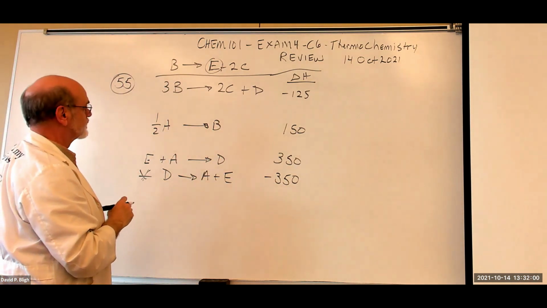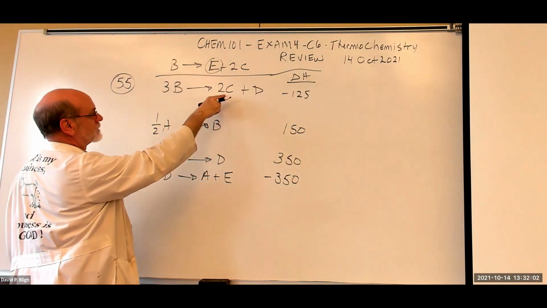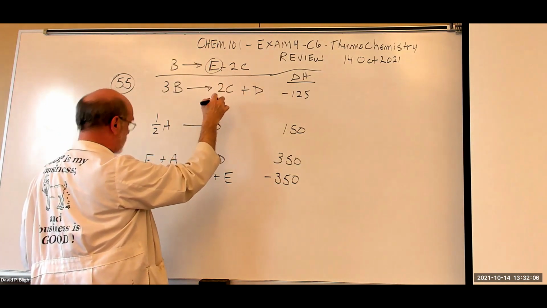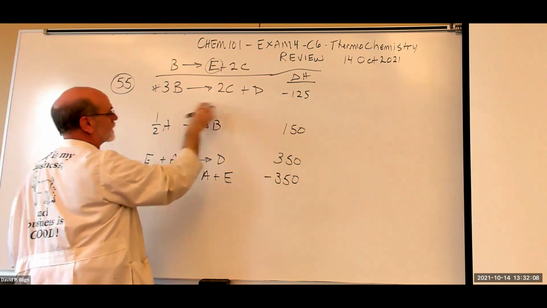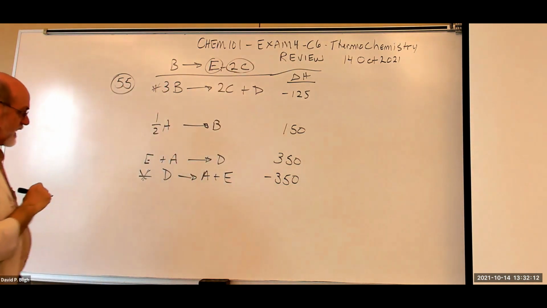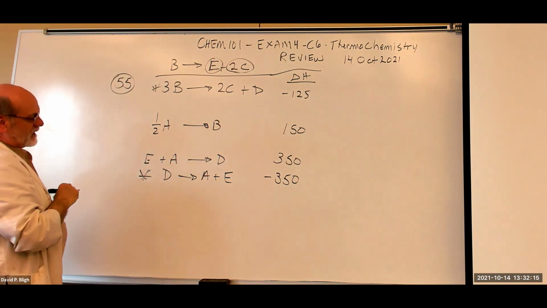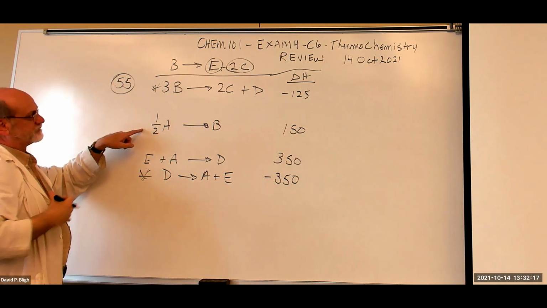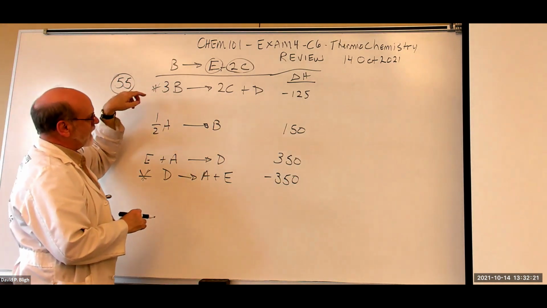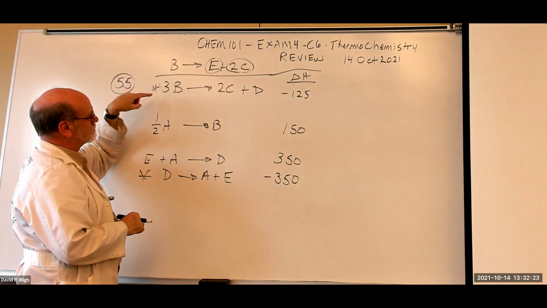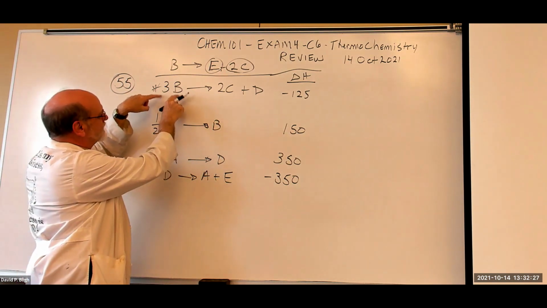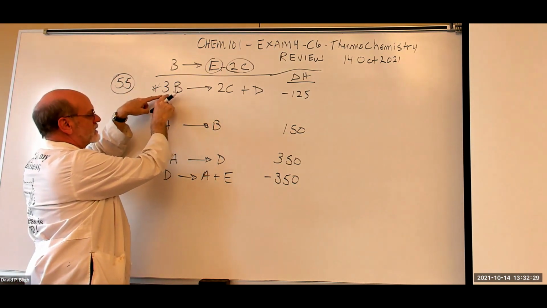Okay, how about C? Well, there's 2C. Right? It's on the correct side. So we got this one. It's got C where it needs to be. Okay. Now we got this one left over. Notice that we've already got B taken care of, but there's too much of it.